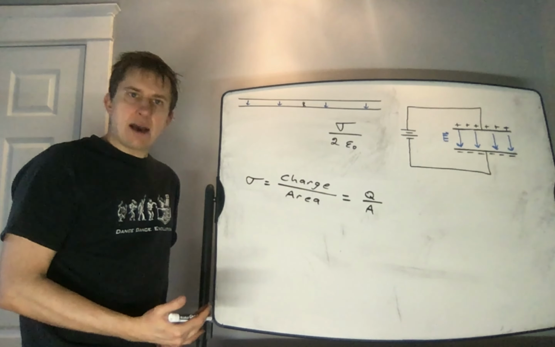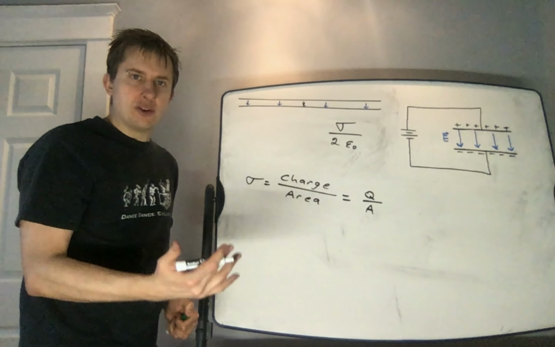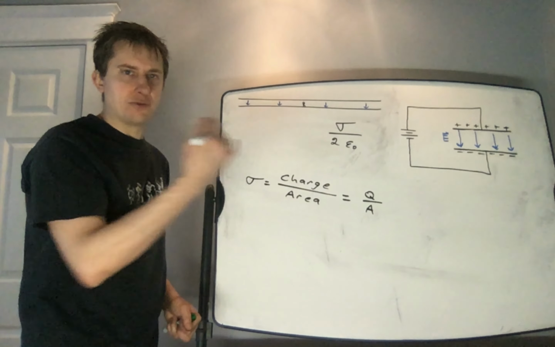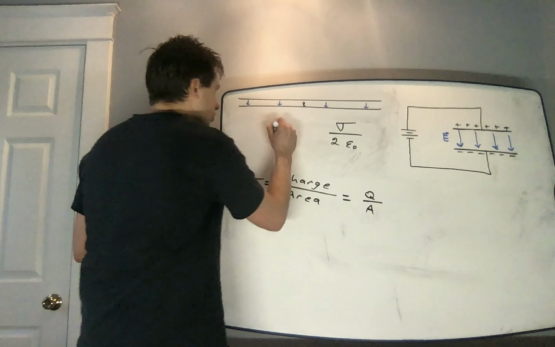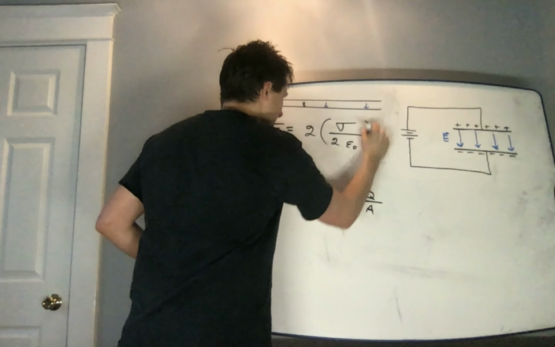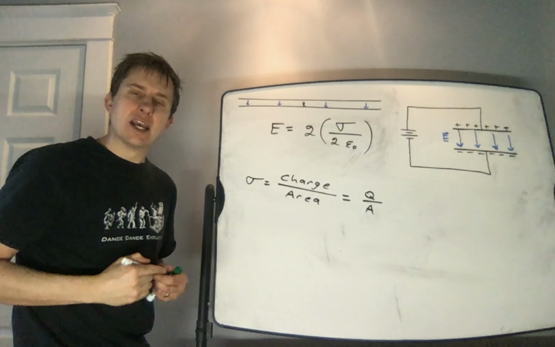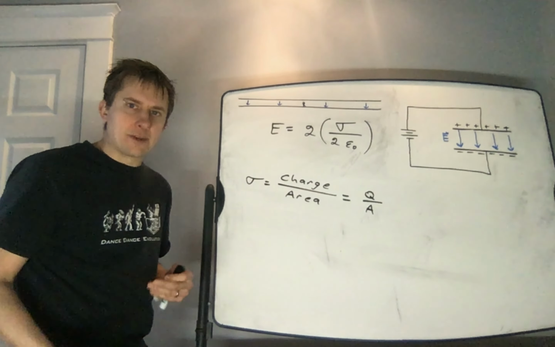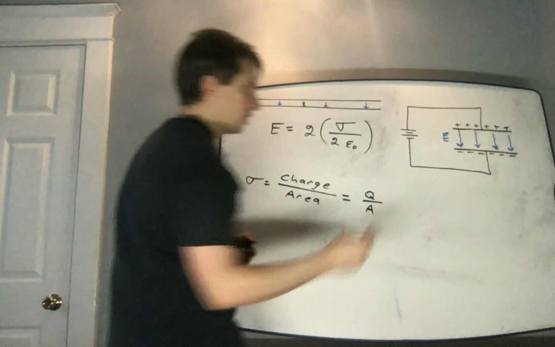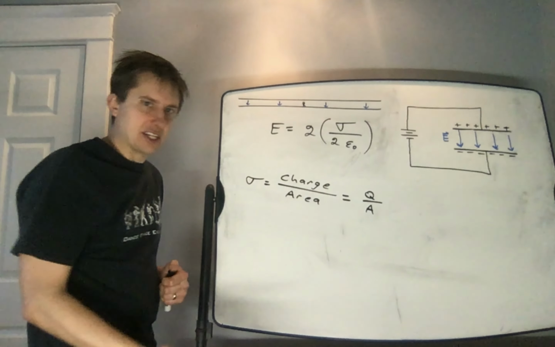Now, because we have two plates that resemble infinitely large sheets of charge, each having the same total amount of charge and total area, I could write the strength of the electric field as being equal to 2 times sigma over 2 epsilon naught. The direction of the electric field created by the positively charged plate will point away, which, if you're standing between the plates, means downward.